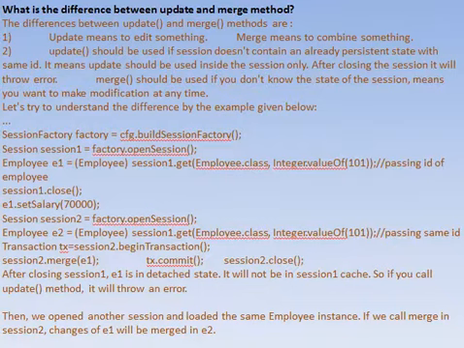SessionFactory factory = cfg.buildSessionFactory(); Session session1 = factory.openSession(); Employee e1 = (Employee) session1.get(Employee.class, Integer.valueOf(101)); // passing id of employee. session1.close(); e1.setSalary(70000); Session session2 = factory.openSession(); Employee e2 = (Employee) session2.get(Employee.class, Integer.valueOf(101)); // passing same id.